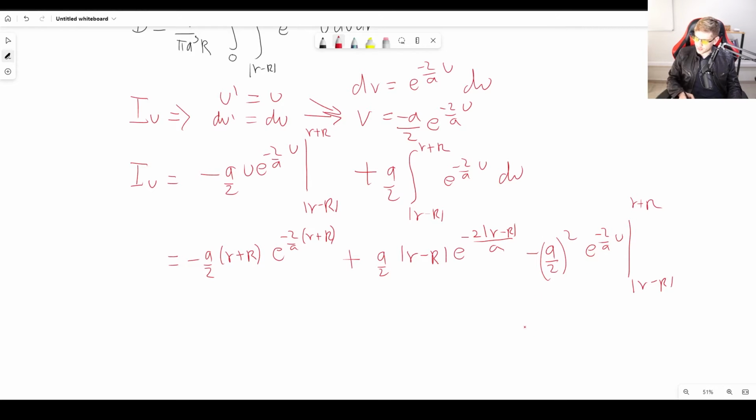So this is going to be minus a over 2 squared times e to the minus 2a over r plus R, minus e to the minus 2a over absolute value of r minus R. Okay, so let's plug it in.